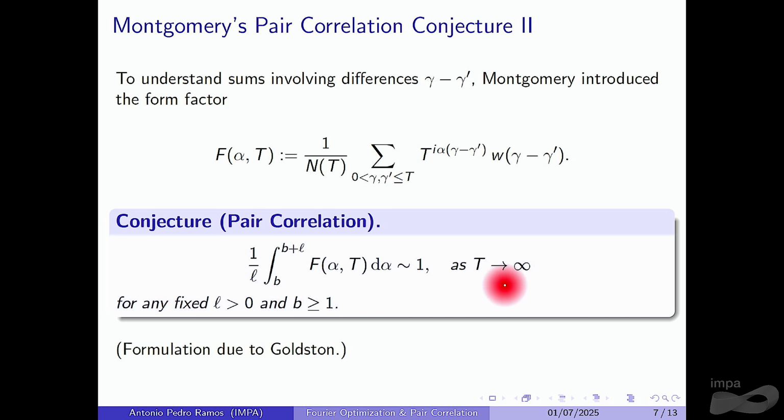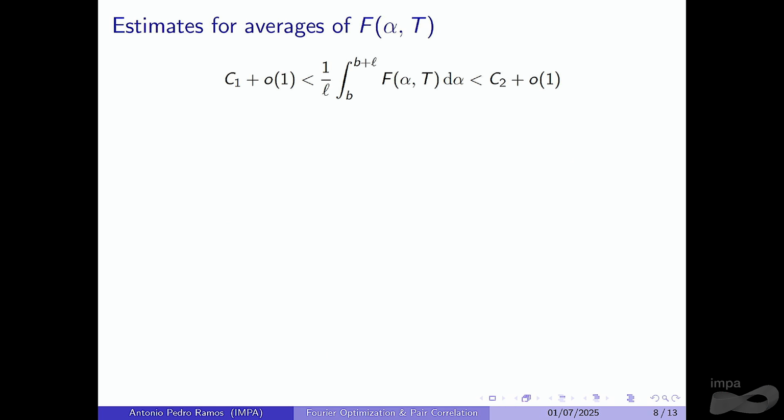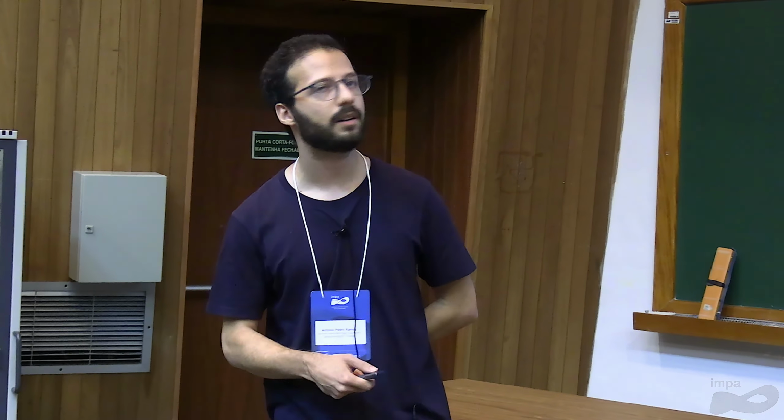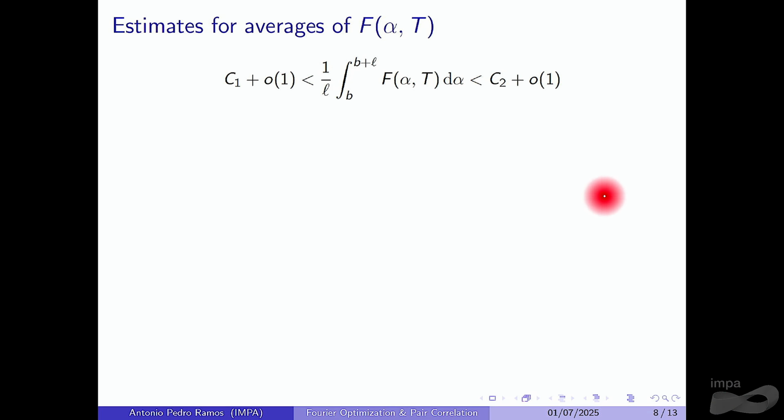Averages in these intervals from b to b plus L of the F function should be asymptotically equivalent to 1 as you go to larger and larger heights, and there's a formulation due to Goldston. Of course, this is a very hard problem, but one way to achieve some partial progress towards this conjecture is to provide good upper and lower bounds for averages of this function.